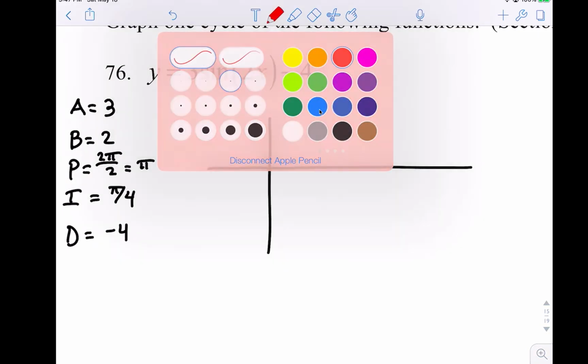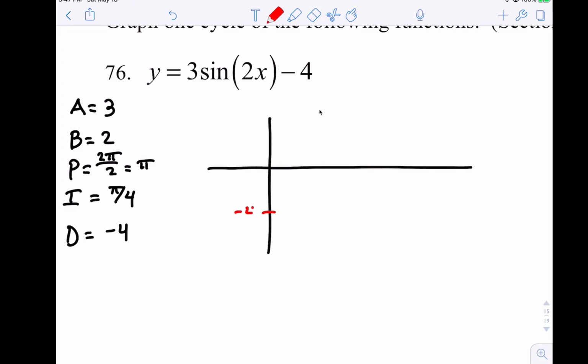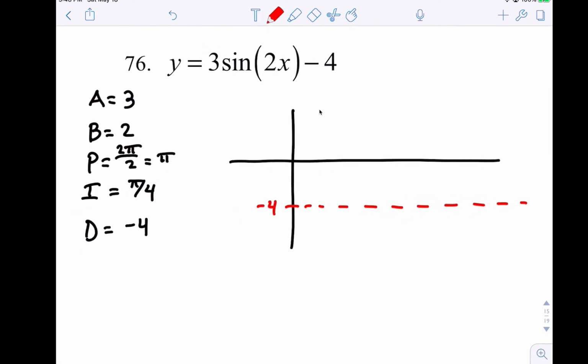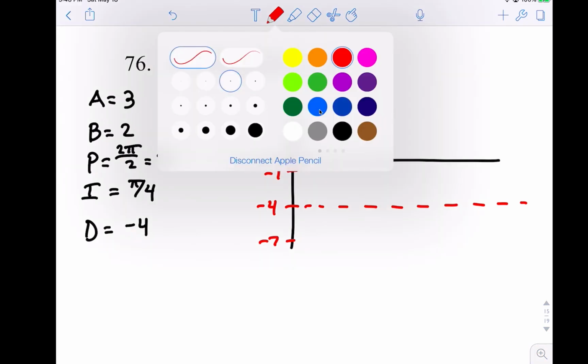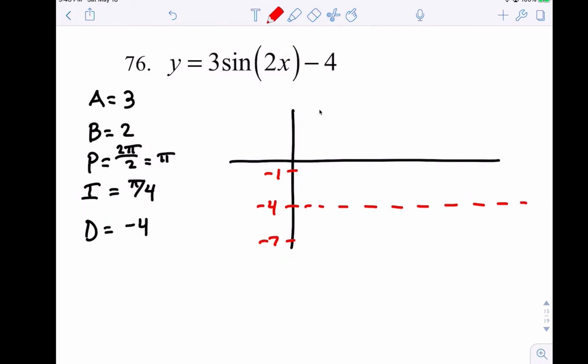All right, so I'm going to draw my axis first. You only need to graph one cycle for each of these. So I'm going to go all the way up to negative 1, and I'm going to go down to negative 7.